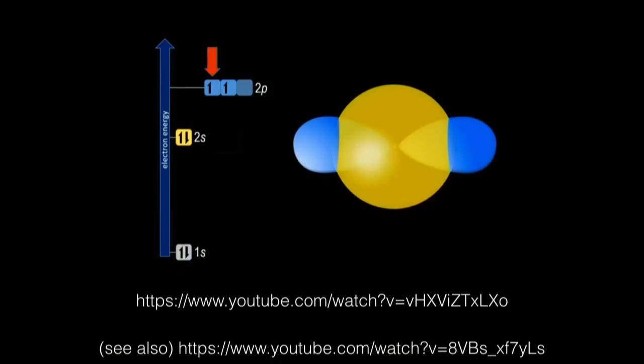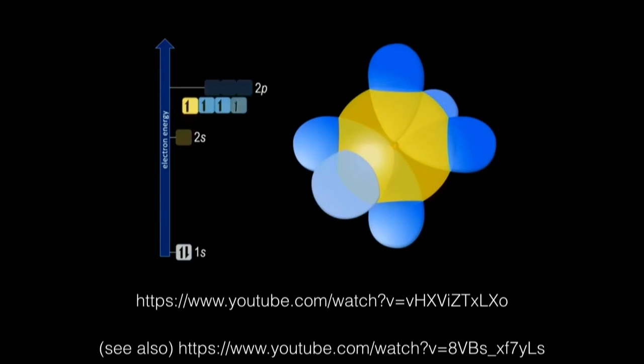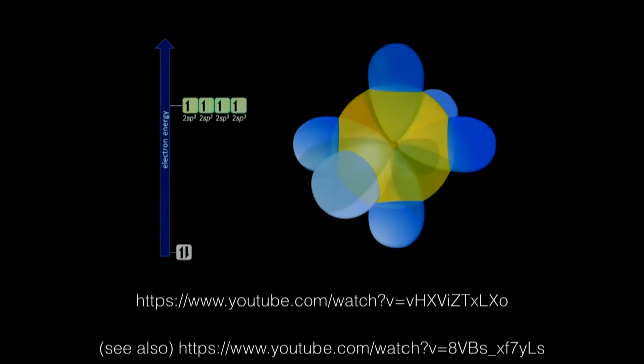Each 2s orbital is a 2-lobed shape converging at the nucleus. There's the 2s. So there are the 3 2p orbitals. However, when hybridization occurs, the s and p orbitals cease to exist. They don't cease to exist. It's a new boundary condition. You're solving the equation, right? So just to keep that straight.